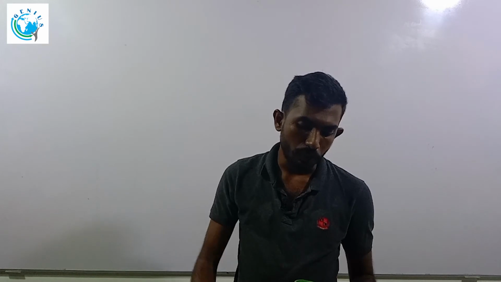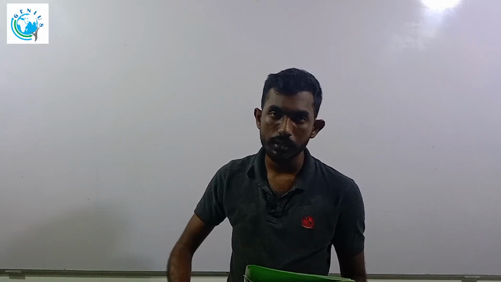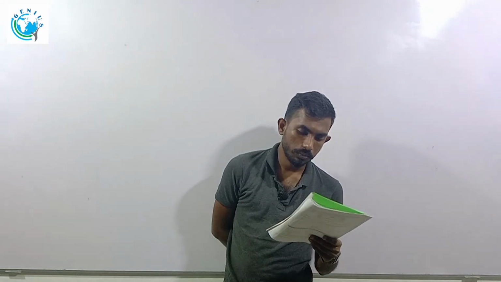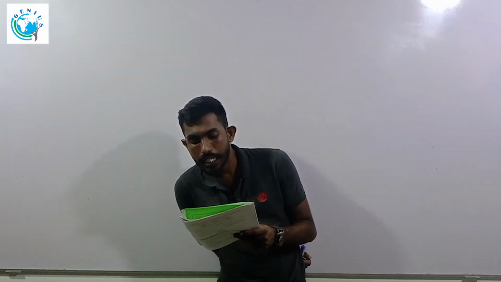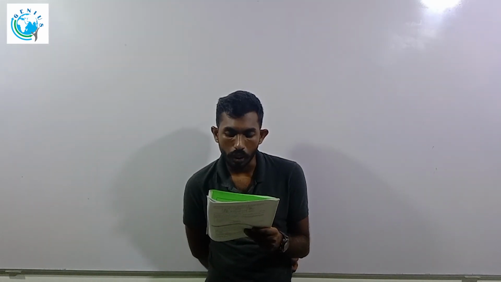It's an MCQ. They say the following information is extracted from the trial balance of B Limited as at 1st April 2017. Motor vehicle cost amount is 5,000 rupees in thousands, purchased on 1st April 2014. Then accumulated depreciation of the motor vehicle is 1,500.